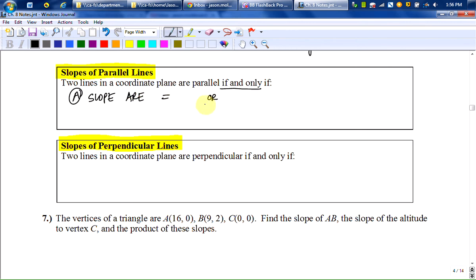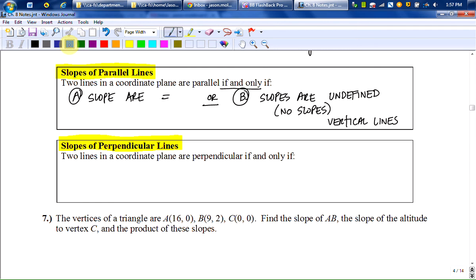Or B, the slopes are undefined. Because technically they're not equal because you don't have slopes. You have no slopes. And another side note, this is the case of having vertical lines.